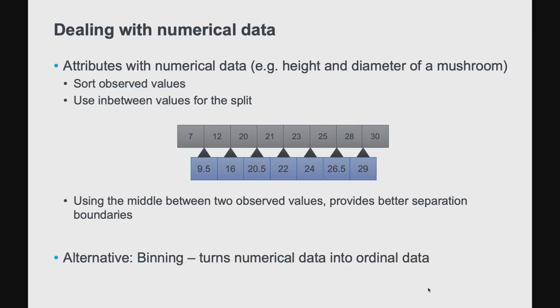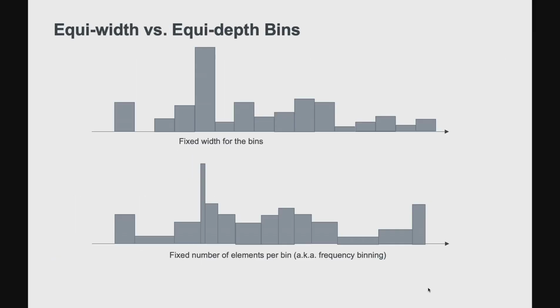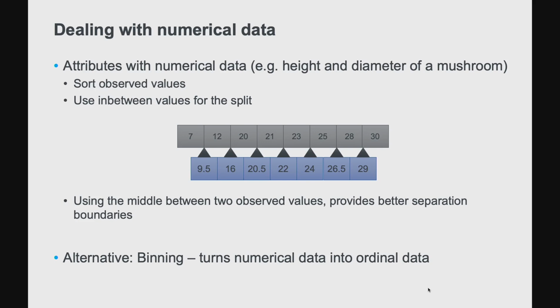What we can also do, what is done quite often, is to use binning. Binning would imply that if I have different numbers, I would provide bins and say, for example, I take all the numbers below 10, all the numbers between 10 and 20, all the numbers between 20 and 30, and so on.